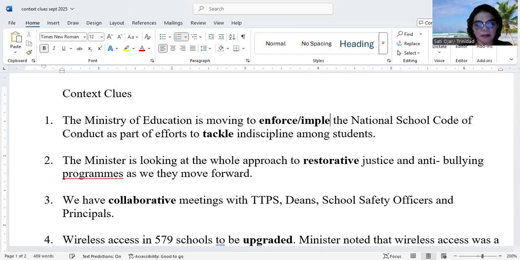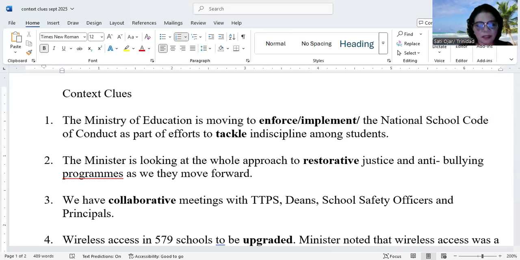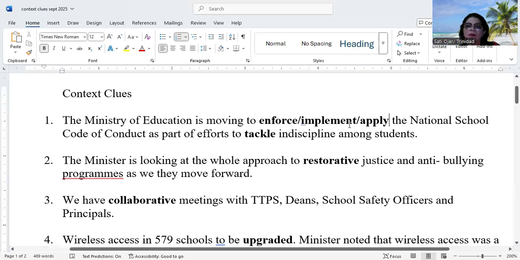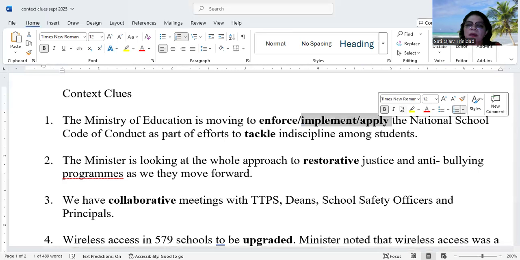Implement is excellent. Implement is a very good substitute for it, right? And also, apply is another one, right? So they want to enforce or implement or apply. So these two words here can replace enforce, right?